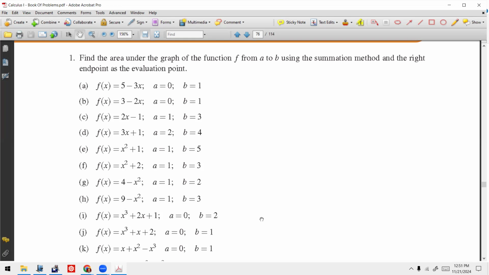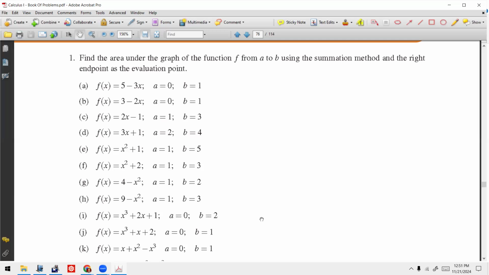I told you zeros are really nice. So let's do either A or B. Pick one. Okay, so you can do 1A. Then you can do 1E and then 1H. So I've given you a little bit of everything.